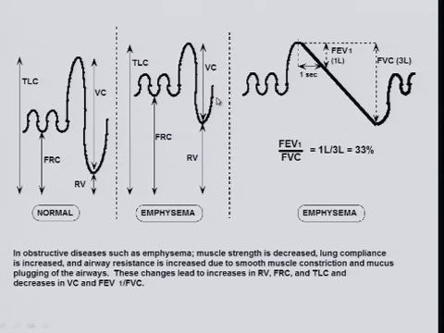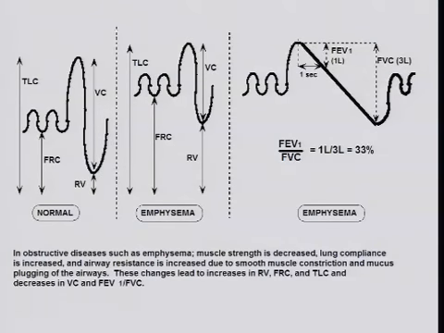Now, what's one of the major causes of emphysema? Smoking. Okay? There are compounds in cigarette smoke that increase protease production in your lungs. These proteases break down the elastin, they break down the collagen, therefore they disrupt and destroy the septae of the alveoli.